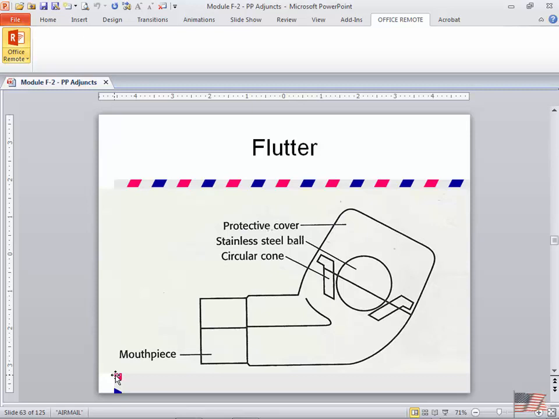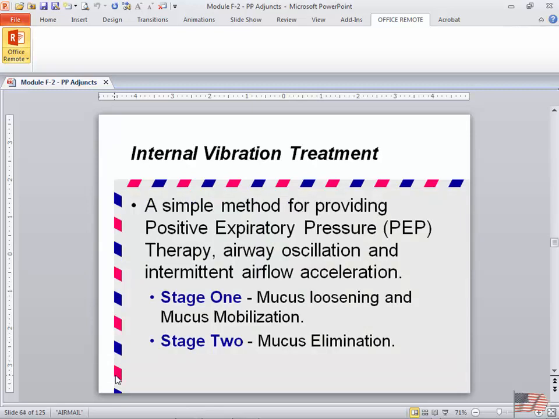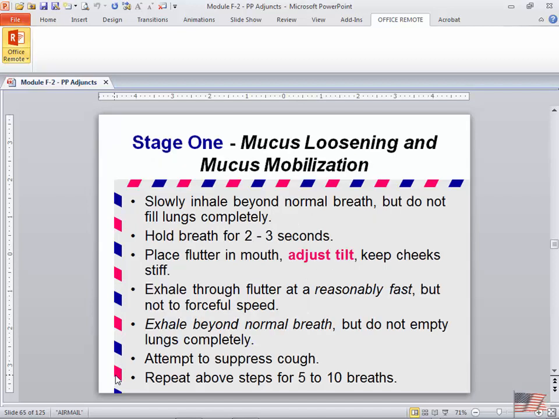But the ball is not a constant force, it causes a vibration as they're exhaling through it. It's a very simple method to generate some positive expiratory pressure that is oscillating, not a constant pressure. There are 2 phases: loosen and mobilize the secretions, and then have the patient cough to get rid of them entirely.